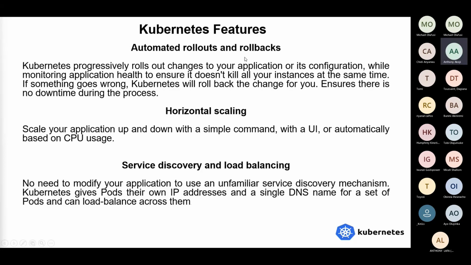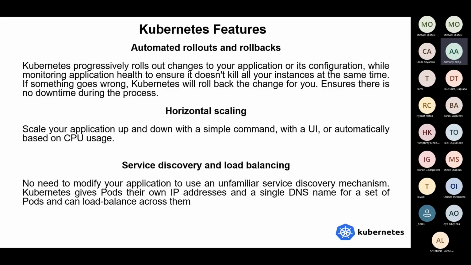As I was explaining before, companies do upgrades for their applications, or they release versions of their applications. For instance, maybe they release 1.0, they're using 1.0 at the moment, and they want to do an upgrade to 2.0.